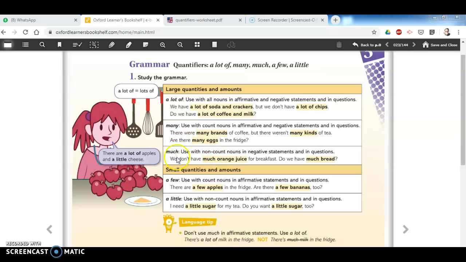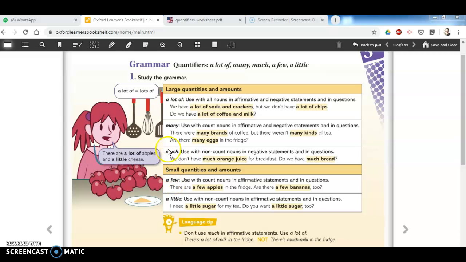That's for large quantities. Now for small quantities and amounts, we have a few and a little. How are we going to use a few? With countable nouns. Many and a few with countable.